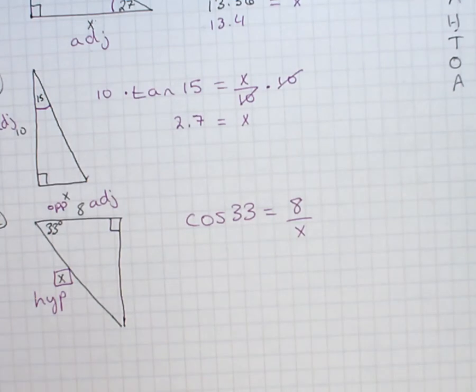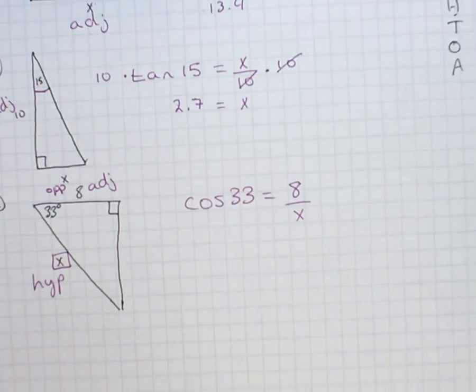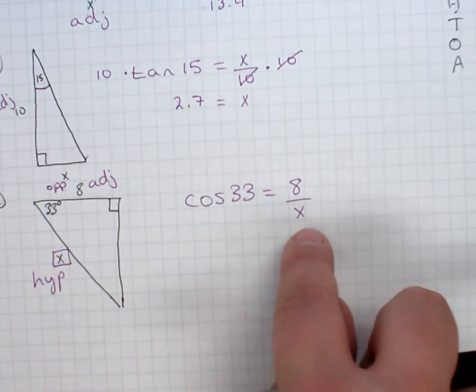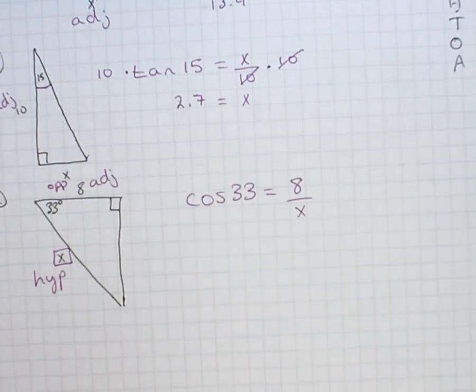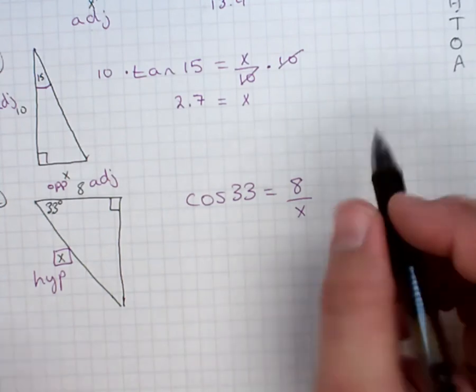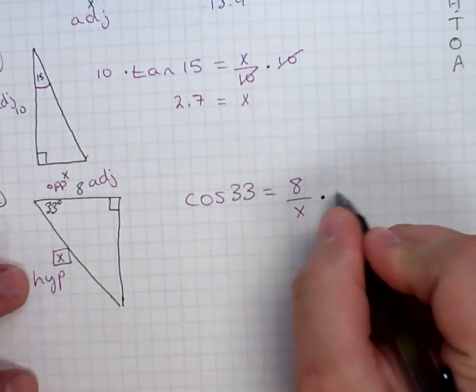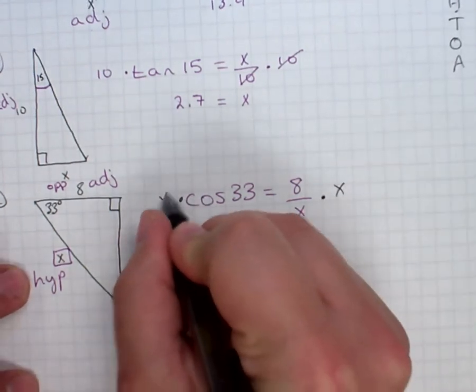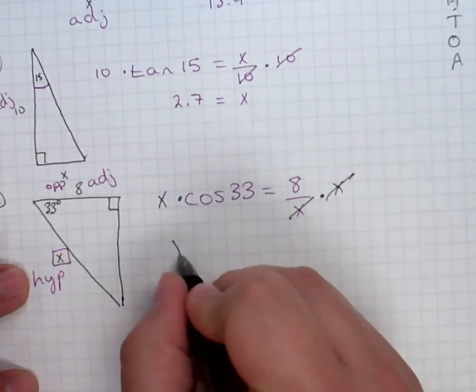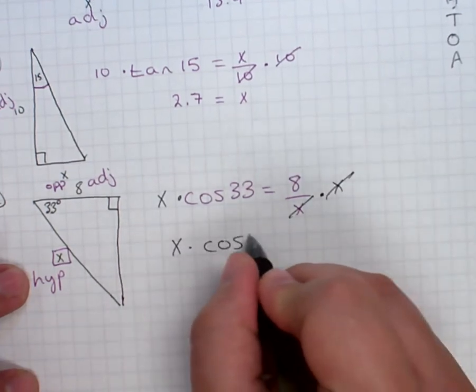All right, I'll tell you, this is where mistakes will happen a lot. You will mess this up if you are not careful. Because when students see the variable in the denominator, they make mistakes for some reason. Okay? What do I have to do? Multiply by x. Okay, I have to get x by itself, so I do have to multiply by x first. So I have x times cosine of 33.